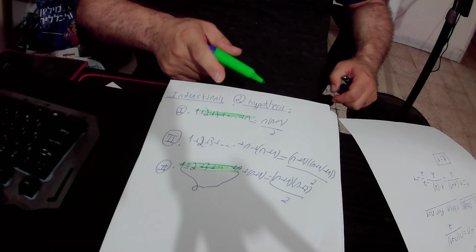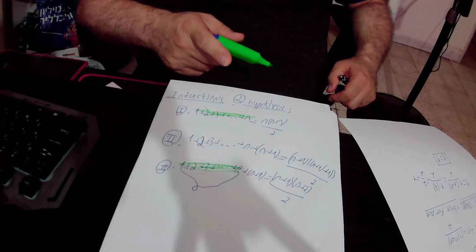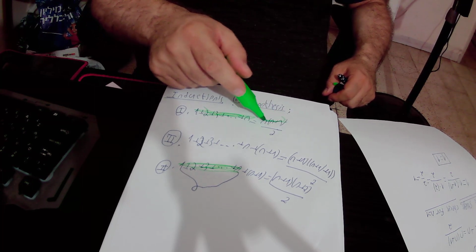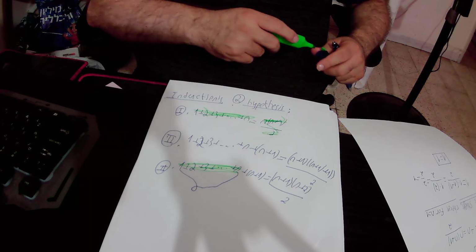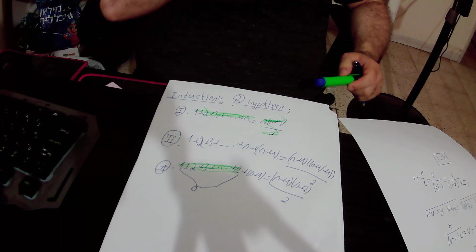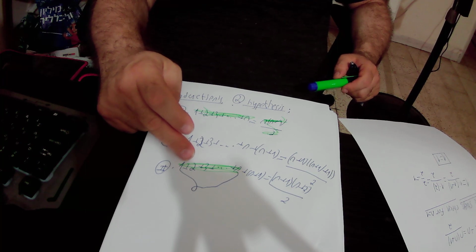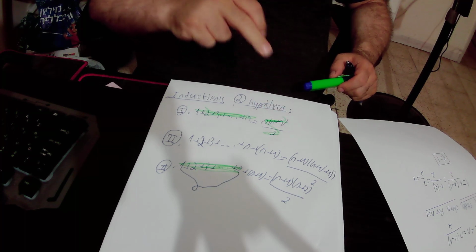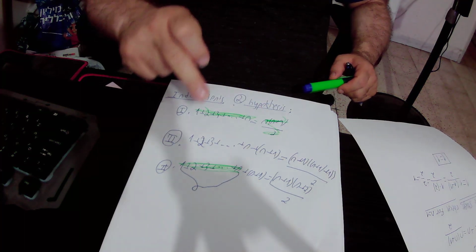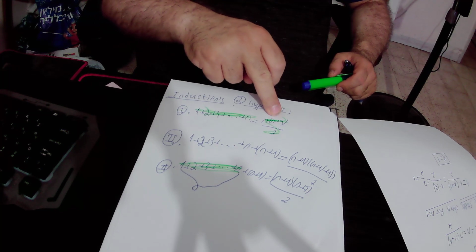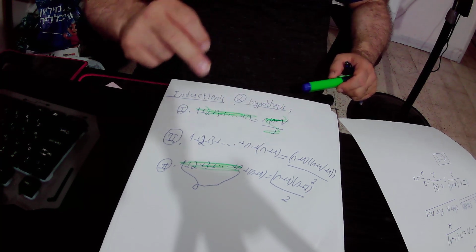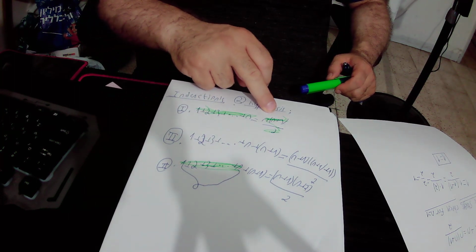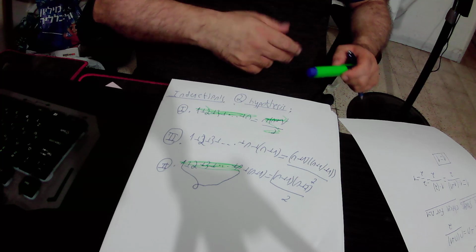but in the first equation we see that 1 plus 2 plus 3 plus ... plus n equals to n times n plus 1 divided by 2. So this expression equals to this expression, and this expression equals to this expression. So we can say that this expression also equals to this expression, and therefore we can substitute 1 plus 2 plus 3 plus ... plus n by n times n plus 1 divided by 2, because they are equal to each other.